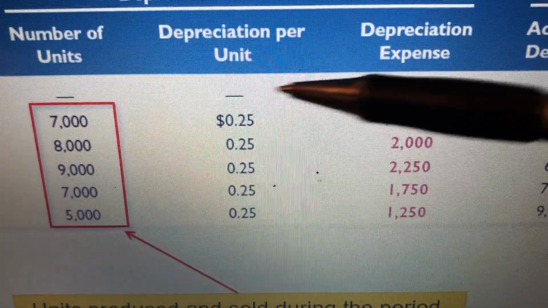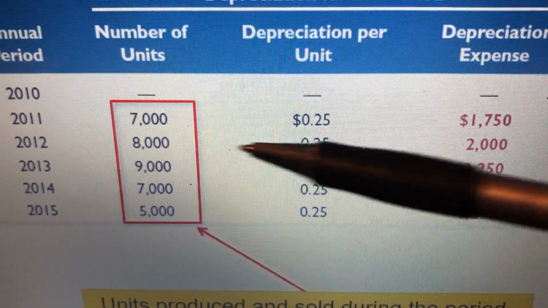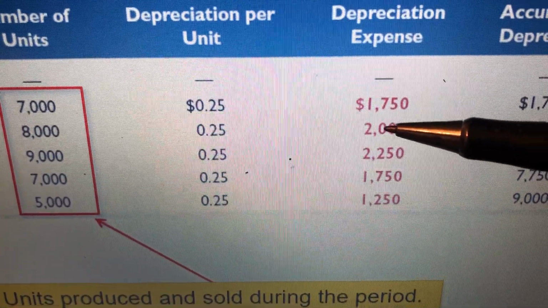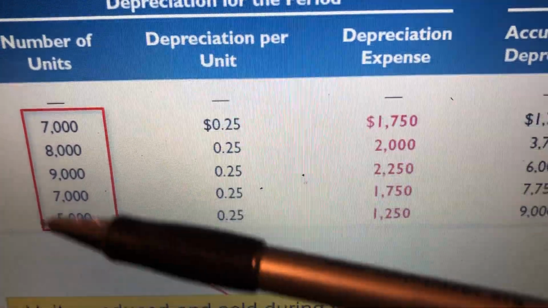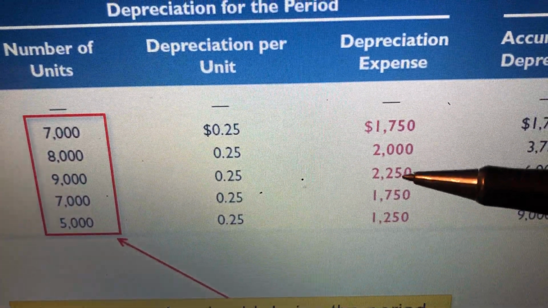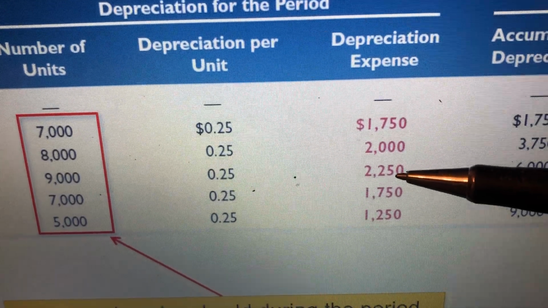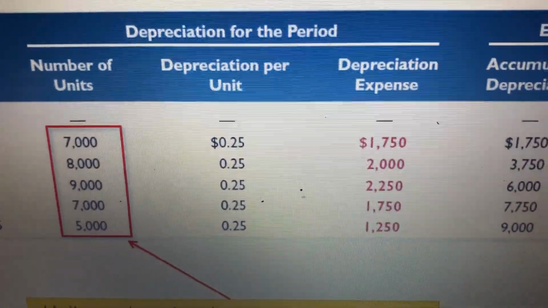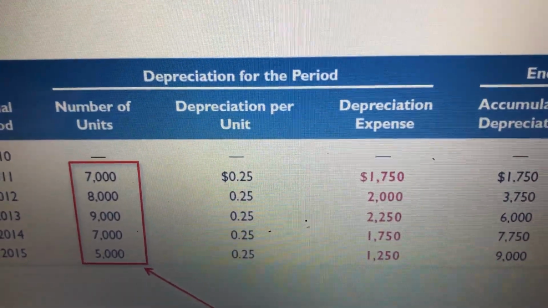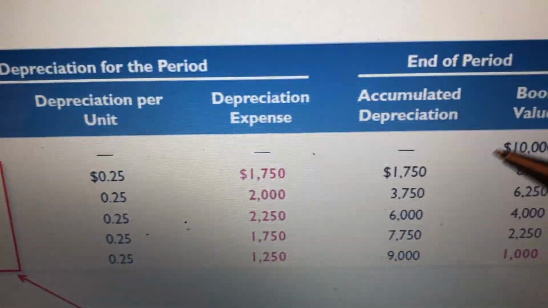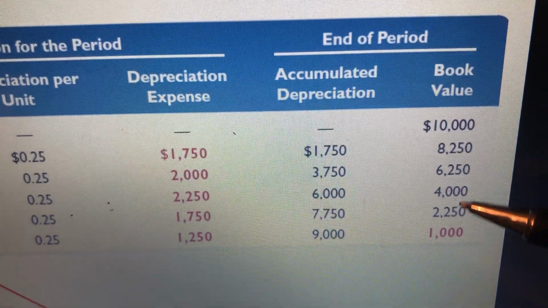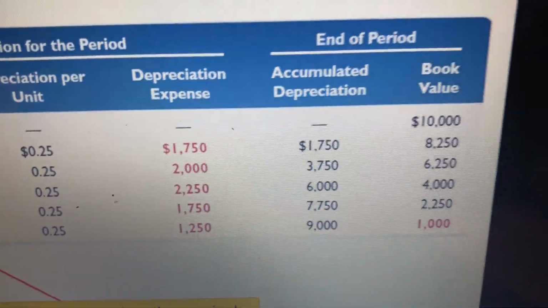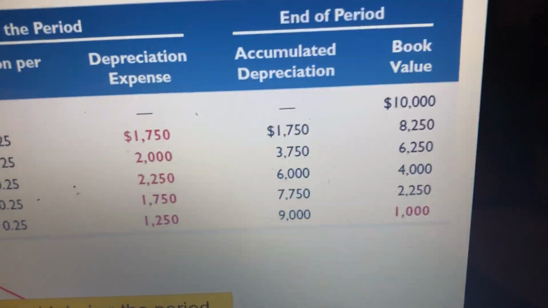Okay, so the second year we made 8,000 shoes times 25 cents is 2,000 that we'd make the journal entry for. Third year, 9,000 times 25 cents. This is depreciation, $2,250. Just so happened in the fourth year we made 7,000 shoes like we did in the first year. So keep in mind, again, your book value is going to be different until you get down to that salvage value at the end and you stop.